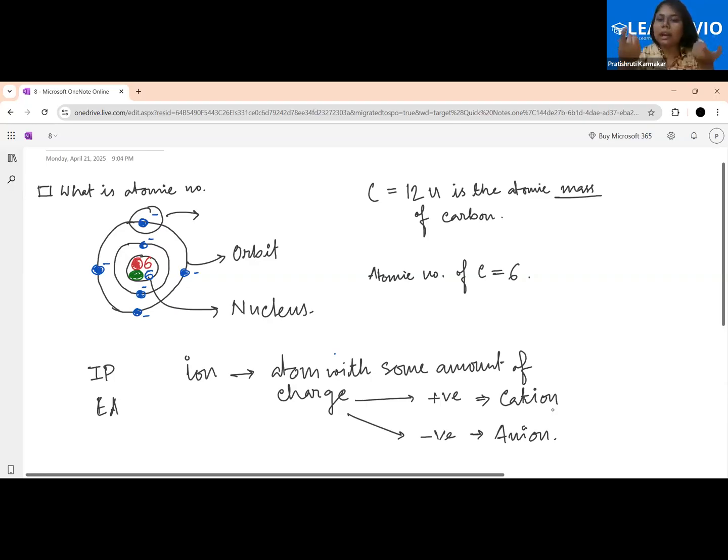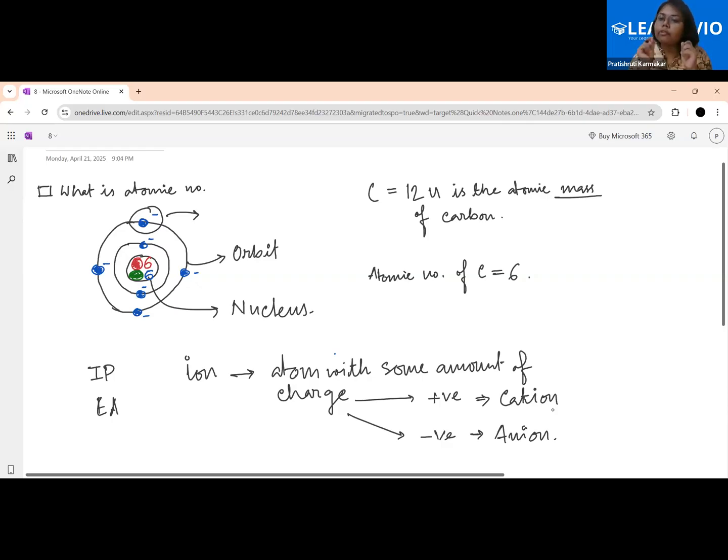So to define an atom, we use the number of protons. Usually the number of electrons and the number of protons is the same, so we could have used the number of electrons also. But as I have shown you, the number of electrons is not fixed. We can vary it. That's why we don't use the number of electrons. But the number of protons is fixed in an atom.